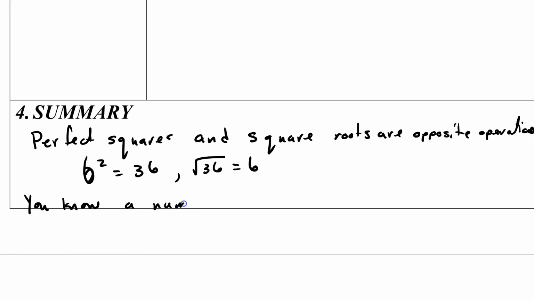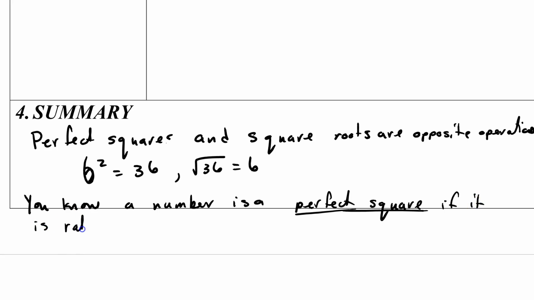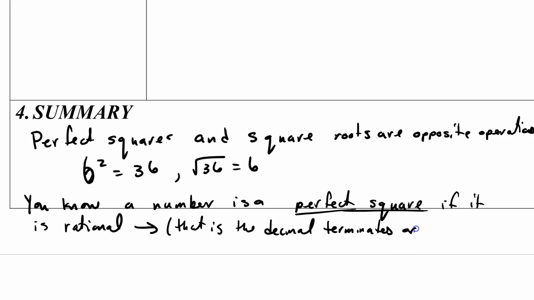A number is a perfect square if its square root is rational. That is, the decimal does not exist, or the decimal terminates, or is a repeated decimal.